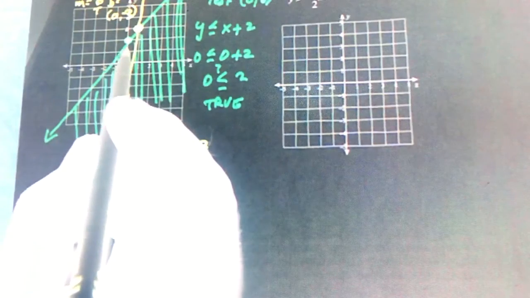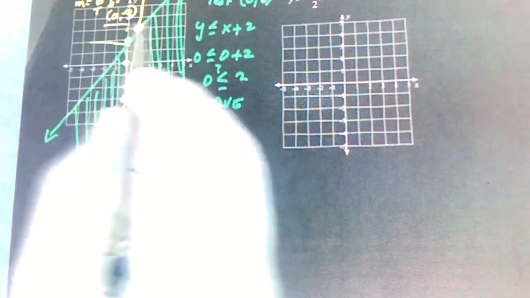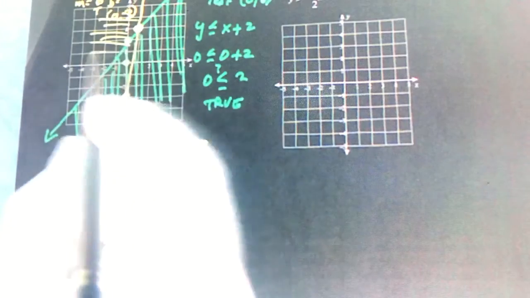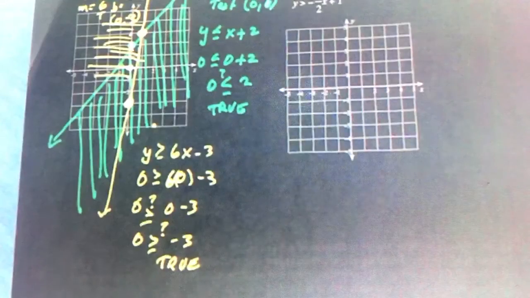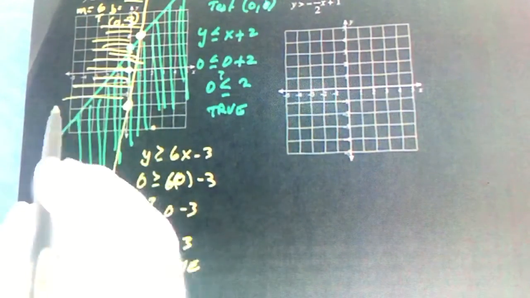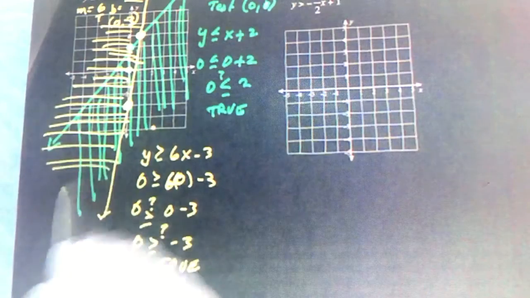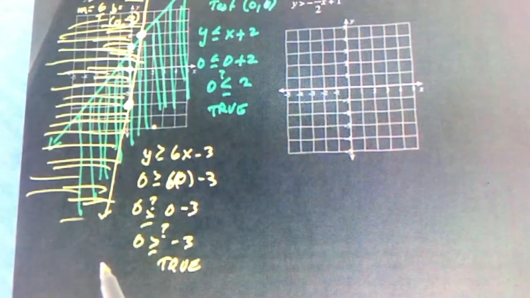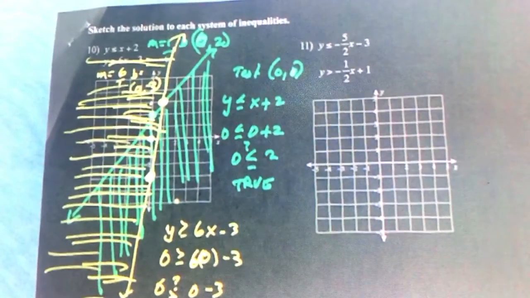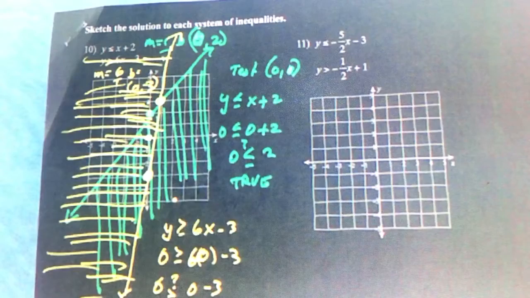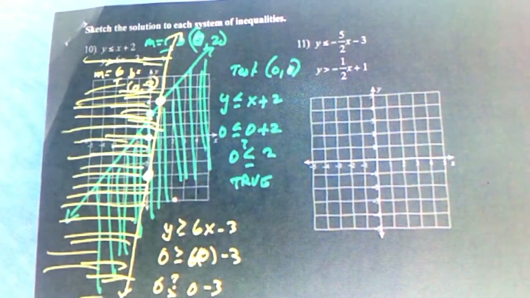So the shading is going to be going this way, all the way up here, although we're not concerned about that. The place that we're interested in is the area that covers both sections. Even though I shade all the way up this line, because it represents the solutions to this inequality, the section we're most interested in is the area that has both color shadings on through both.